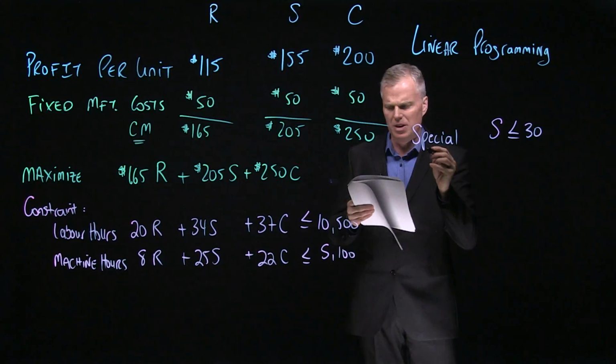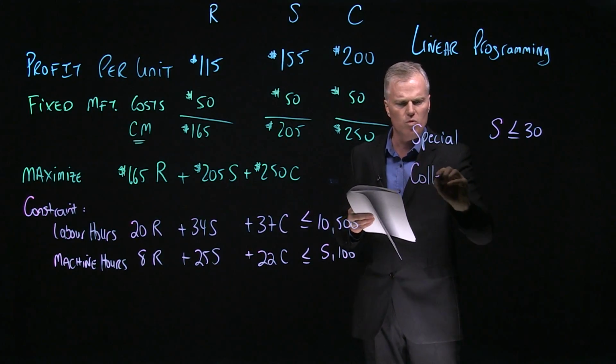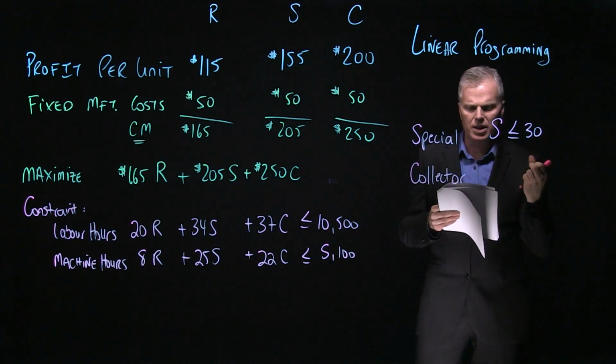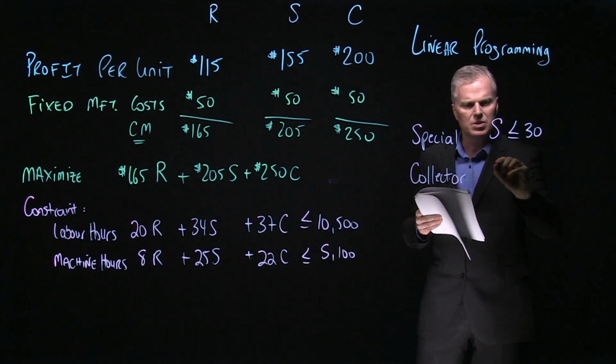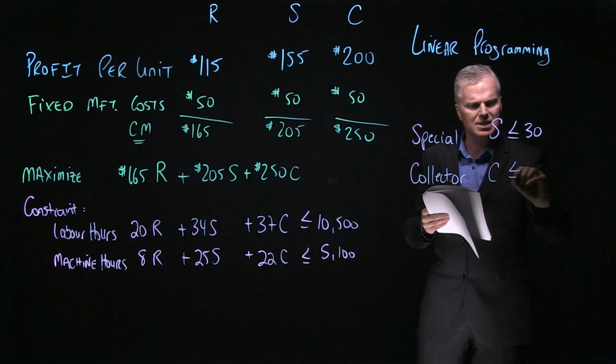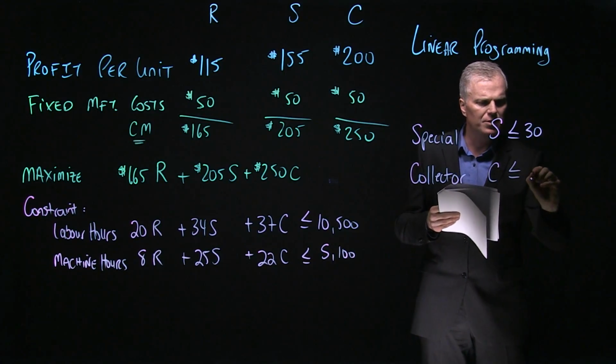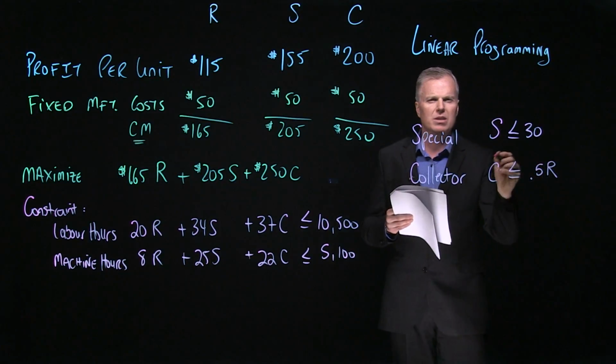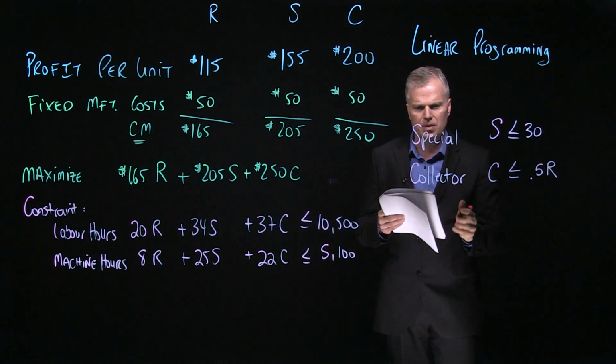So this one's a little bit tricky. How are we going to write that? And again, the key word there in reading this is 50%. So collector must be less than or equal to 50% of R. And we'll have to build that into our Excel spreadsheet.